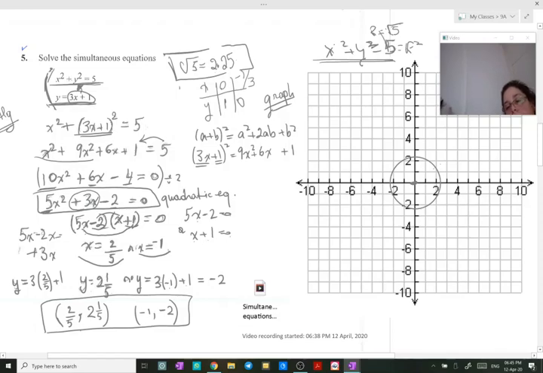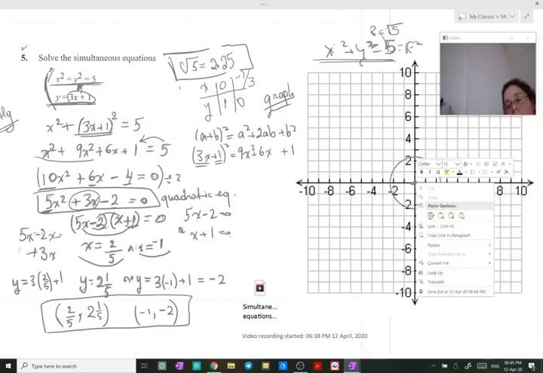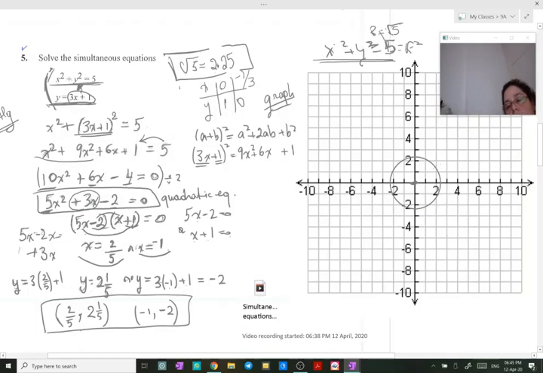So you put your needle on the center, and then you open your compass at 2.25 and you draw your circle. This is the first equation. So the circle represents the first equation.